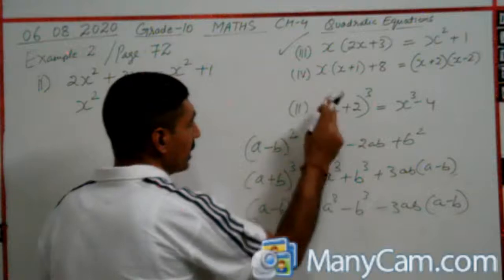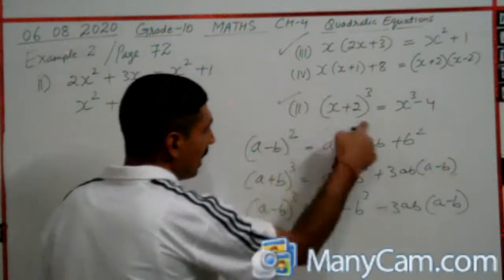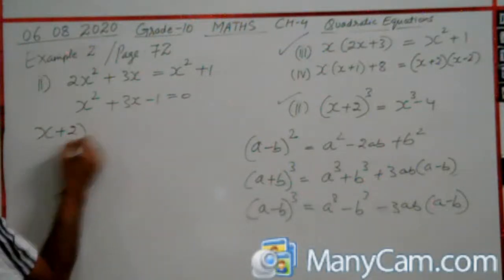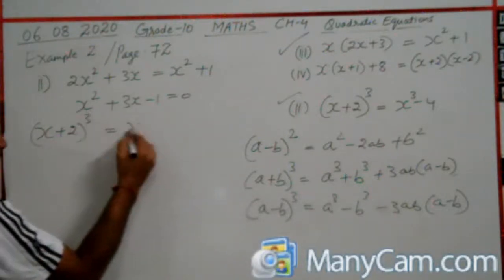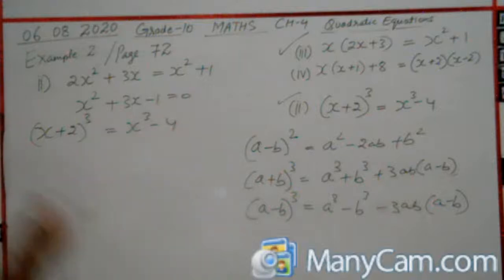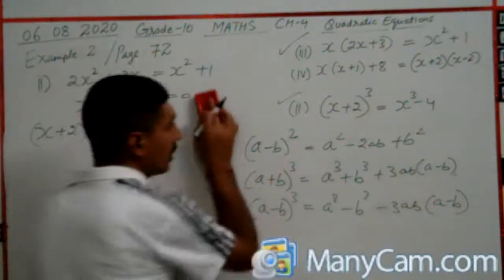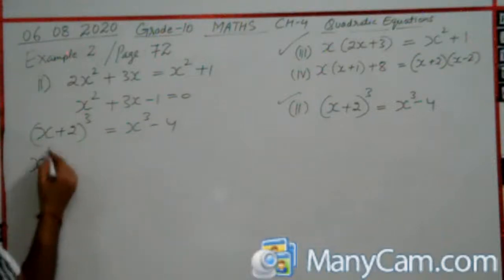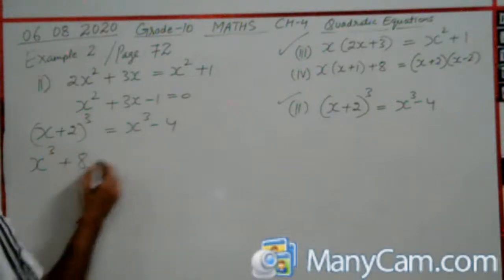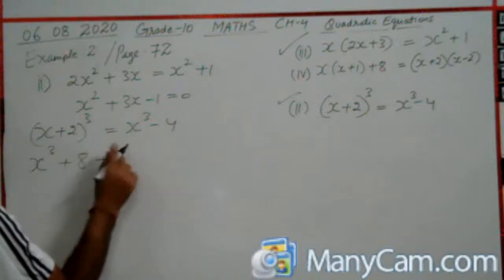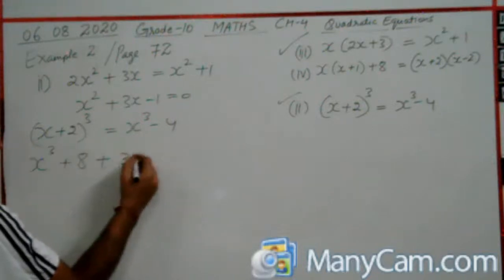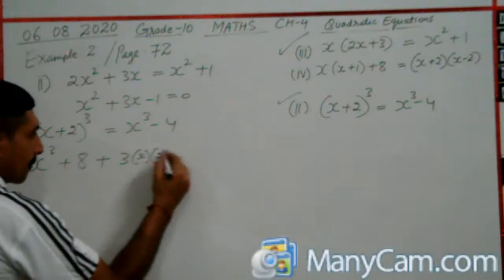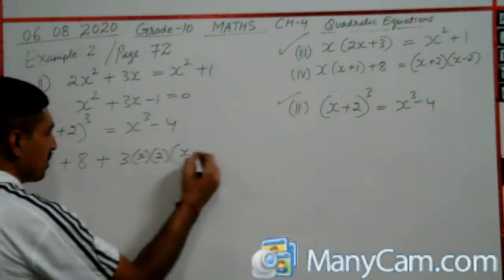Fourth part, second part if you are doing. So here we can do it, that is x cube plus a cube plus 3ab, where 3ab means 3x into (x plus 2).